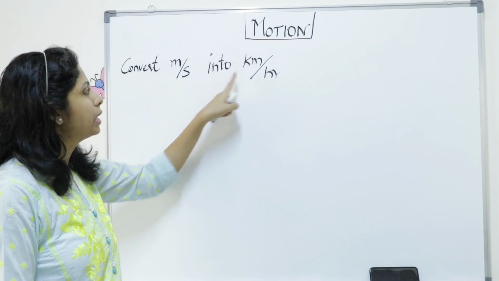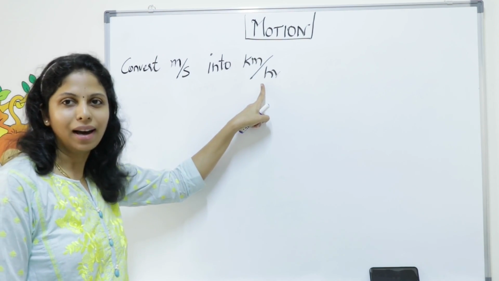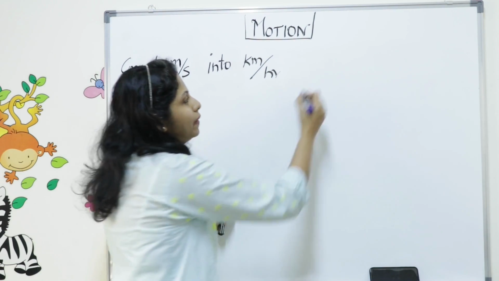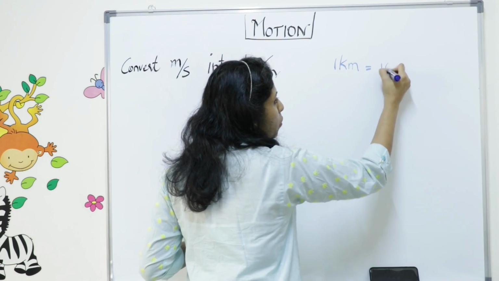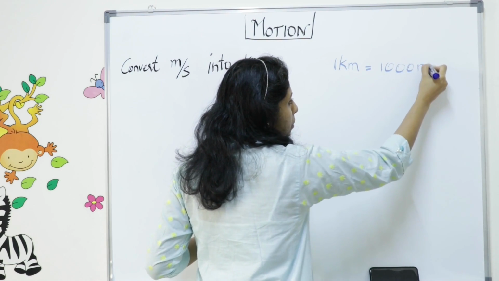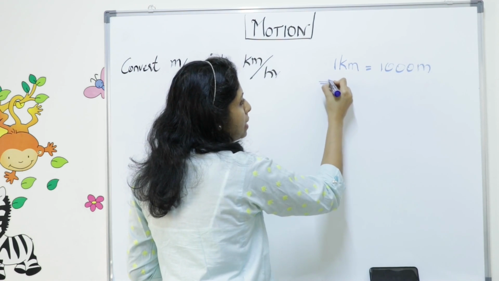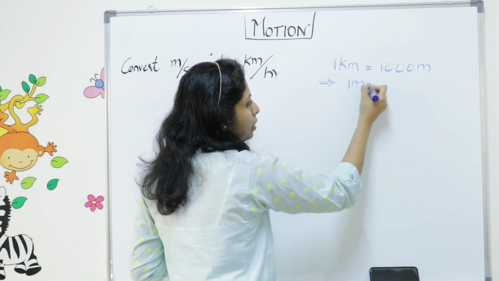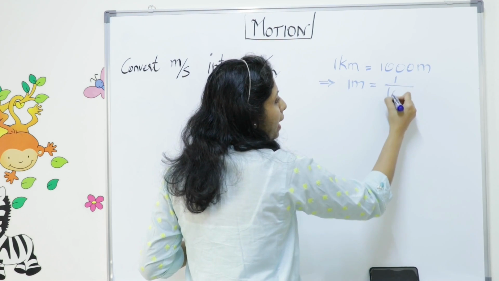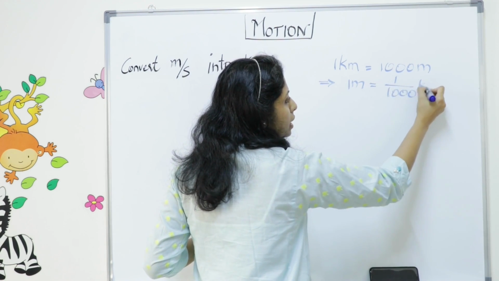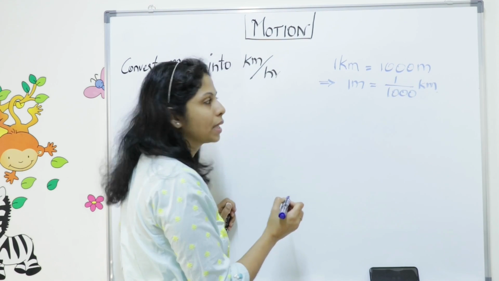Now let's see how to convert meter per second into kilometer per hour. We already know that 1 kilometer is equal to 1000 meters. So from this, how much is 1 meter? 1 meter is equal to 1 by 1000 kilometer.